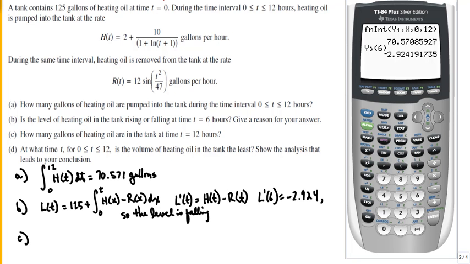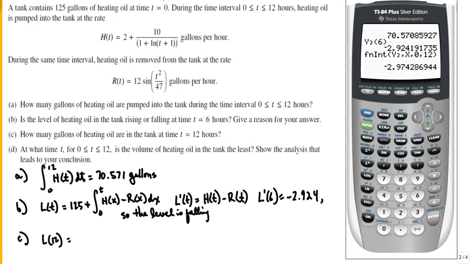Now, since we've already defined L of t, if I'm looking for L of 12 in part C, I can just do fnint of y3 and then add 125 to that. I do fnint with y3, variable of integration x from 0 to 12, and that gave me negative 0.2974.